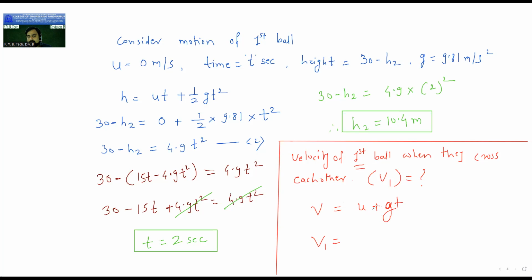u1 plus gt1, which is equal to 0 plus 9.81 into 2. So v1 is equal to 19.62 meter per second. This should be your final answer.